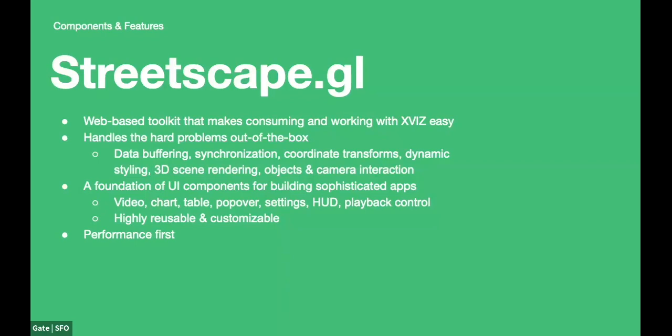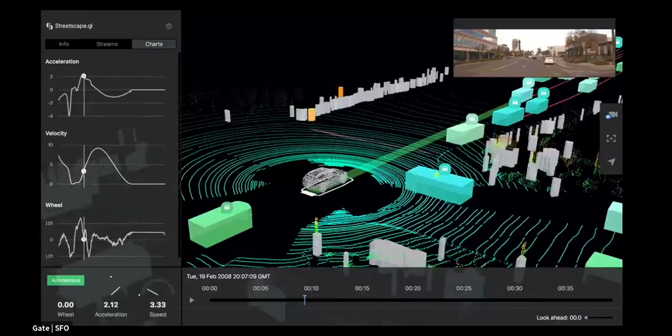This gets 80% of the app done. For the other 20% of your application, we do not dictate how data is represented or interacted with. Instead, we offer the building blocks and the customization capabilities so that you can tailor the app to your own user experience.